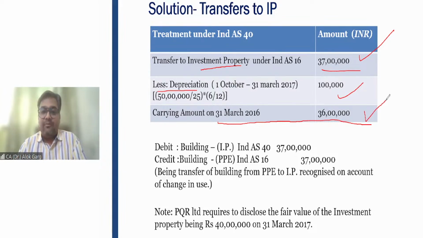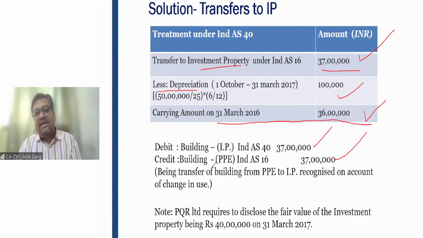It is 36 lakh rupees. Okay. Is that clear? So building, what is the accounting entry on 1st October? Building investment property debit to building PPE credit, right? And then for the next half year, we need to compute the depreciation.